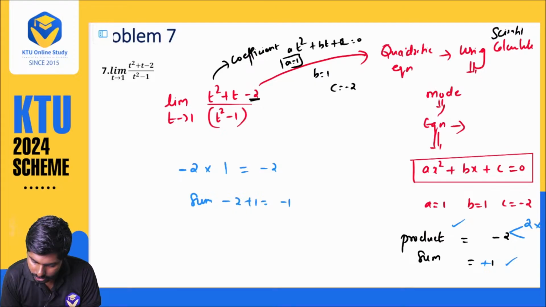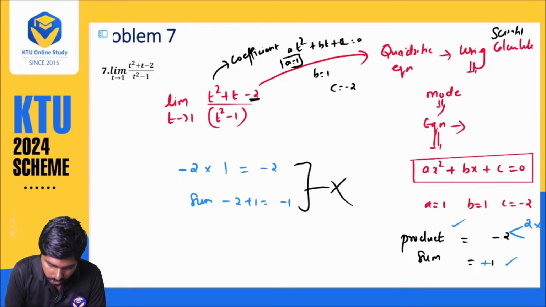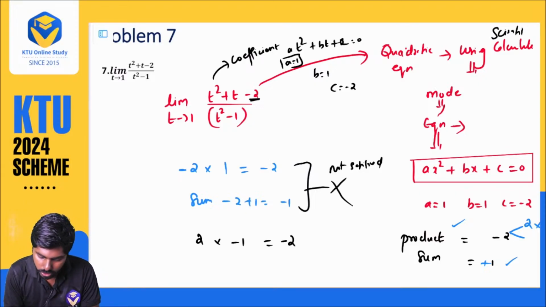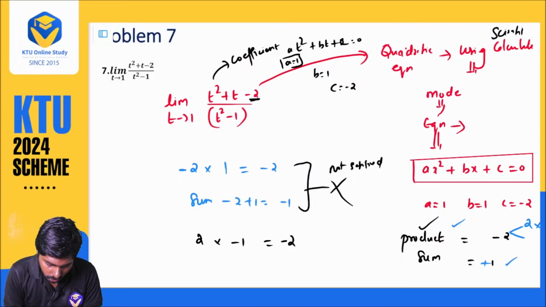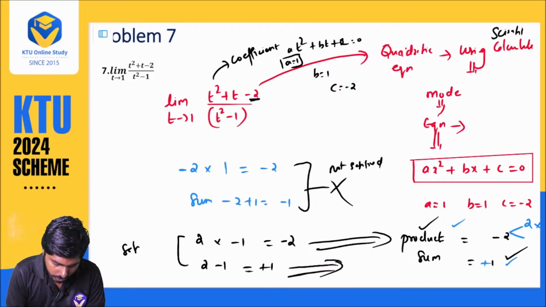So I need this condition also. The first condition is satisfied but this one is not, so I will use 2 and minus 1. The product gives minus 2, so the first condition is satisfied. Now 2 minus 1 is 1, so the second condition, plus 1, is also satisfied. Both conditions are satisfied.